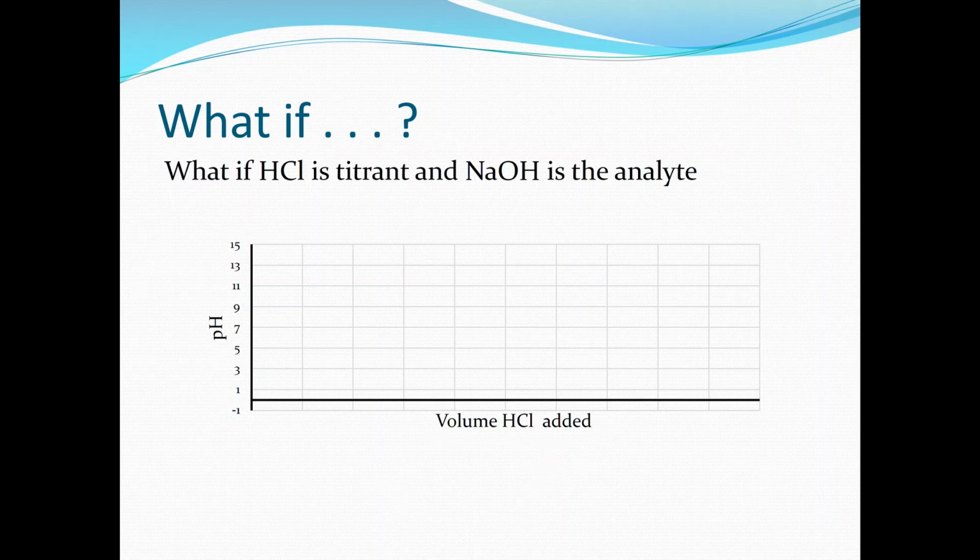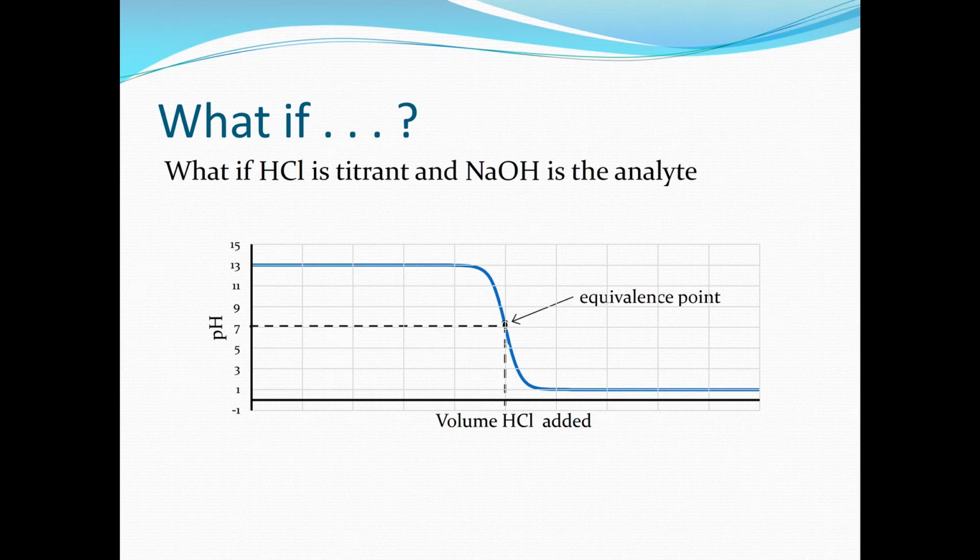And so the curve in that case is going to look more like this. Start at high pH, drop down for our equivalence point until we're at pretty low pH when we basically just have excess titrant. And so our equivalence point is going to be in the same exact location. It's right there at 7, assuming we're at 25 degrees Celsius. And at that point, we could read off the amount of hydrochloric acid we have added to figure out what the sodium hydroxide concentration was at the beginning.